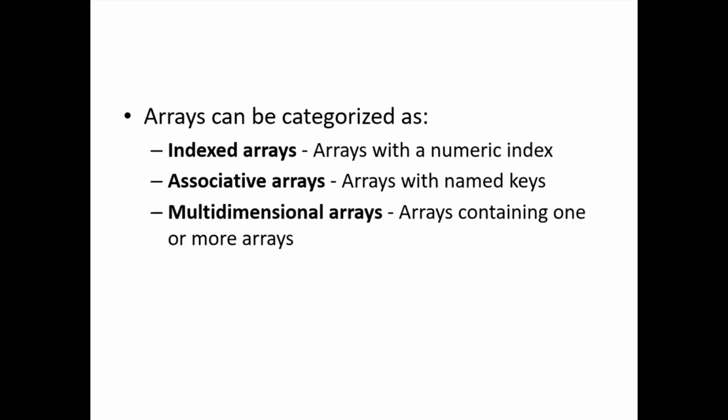Arrays with named keys are called associative arrays. Arrays containing one or more arrays inside them are known as multidimensional arrays. So these are the 3 categories of arrays. We will talk about all these 3 categories in the coming sessions.